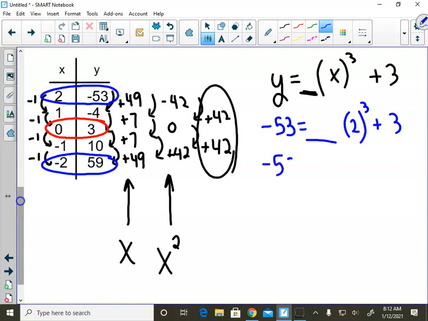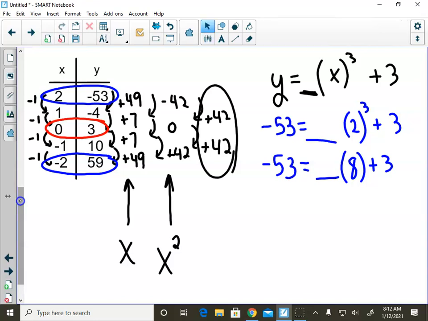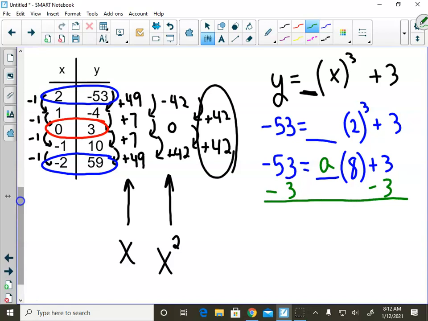So we have negative 53 here. We still have something here times 8, plus 3. If we want to solve this, we can put any letter in here we want. It doesn't really matter. We'll call this A. Let's subtract 3 from both sides of our equation. We get negative 56 is equal to A times 8.